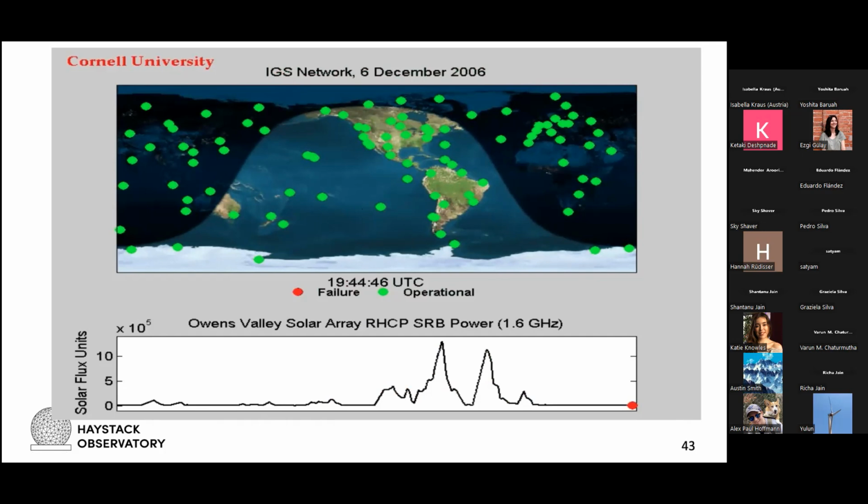No one expected that there would be any additional noise due to the solar flare. I think I'm calling it wrong, but no one expected that you would see this at L band. And what you can say is what's happening is due to this burst of energy, the whole noise floor in that frequency goes up.